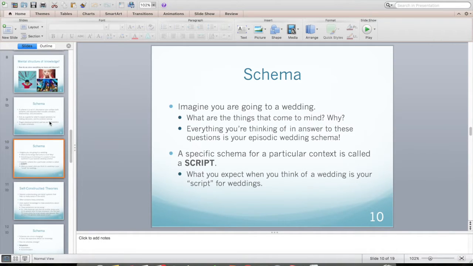I can imagine there will be a reception, that there will be food, that there will be real flowers, not fake flowers like we have in Indiana. And all of these things coming together is called my script for a wedding. My script, my schema for a wedding. And it's essentially me pulling out my box and pulling out everything that I know about weddings, and it helps me predict what I should expect when I go to my next wedding.